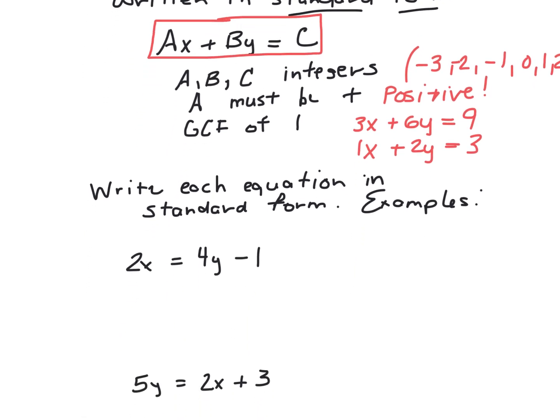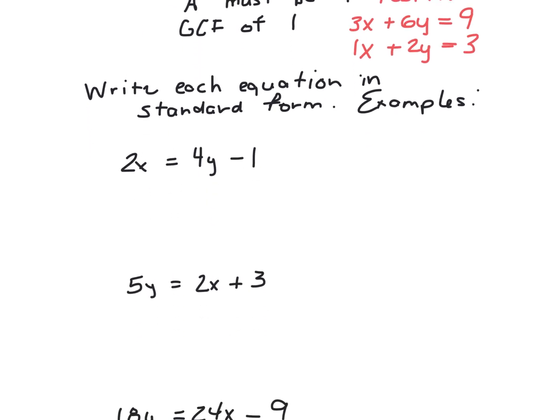So to write equations in standard form, and these are some examples that you will see in your packet, obviously, we need to get the x and the y term on the left side of the equation. So in this one here, I'm going to subtract 4y from both sides.